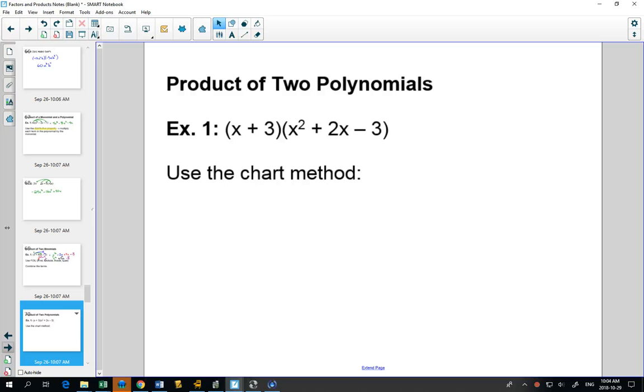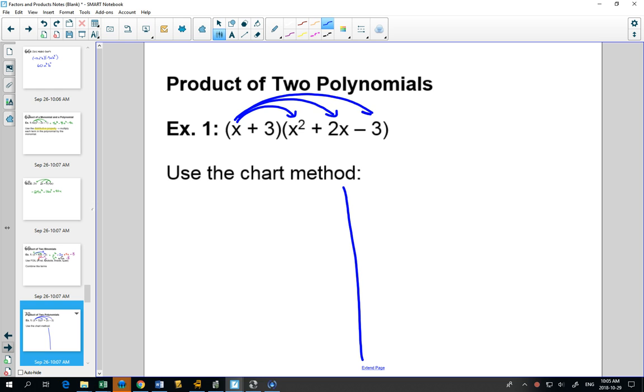Because what ends up happening is, here I'll split it up. I'll do the arrow method first because that's what most people use going forward. We multiply the first one by everything in the second one, and we multiply the second one by everything in the first one.